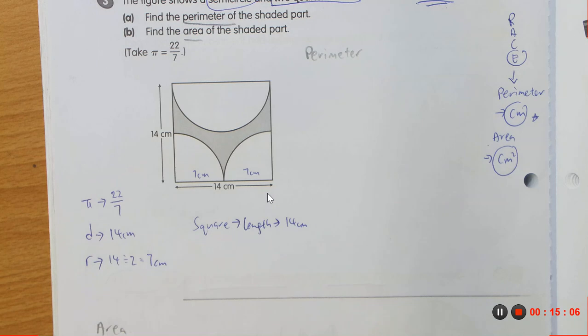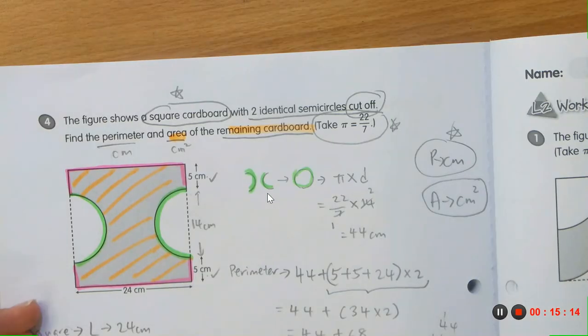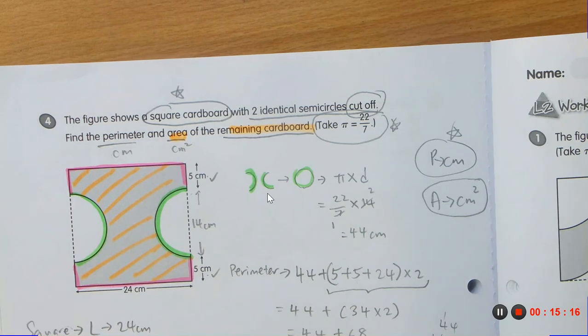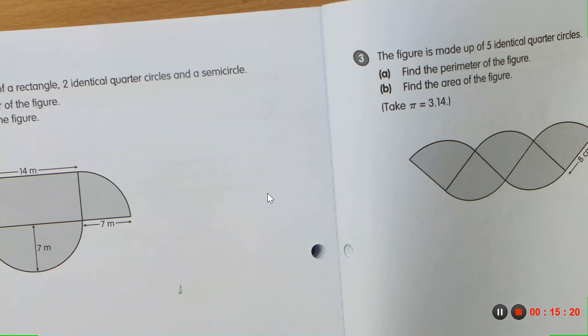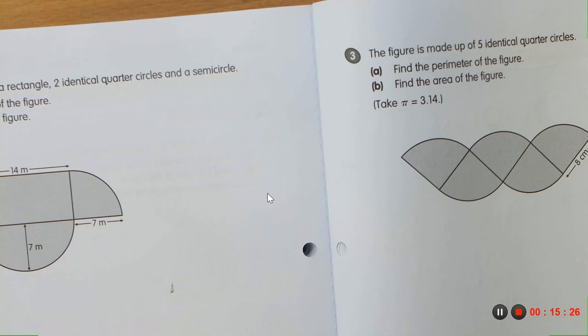Is that okay? Can everybody? Okay, now we move on to a new category of questions. So far we have been talking about taking a whole and cutting out parts. Then what are these ones? Thank you very much, Jeremy.